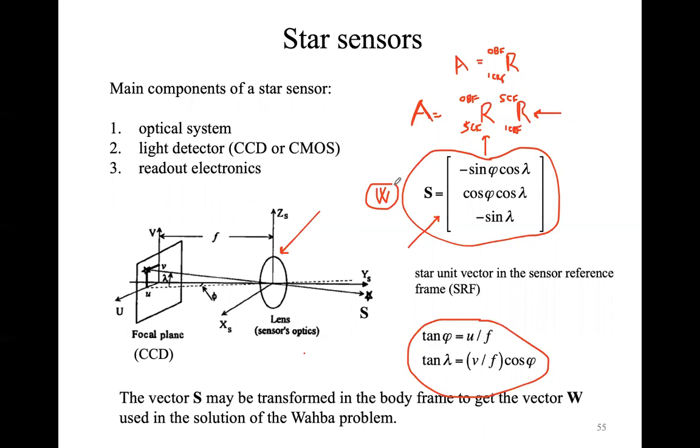To simplify the problem, we can assume that W and S are the same because we are assuming that the body frame and the instrument reference frame are coincident. In principle, you can have differences. That's the reason why it is written like this here.